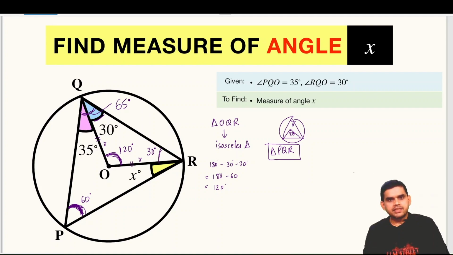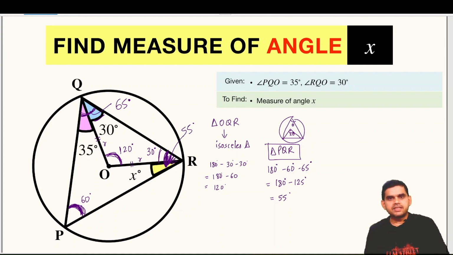So if this is 60 degrees, complete Q is 65 degrees. So complete R will be what? It will be 180 degrees minus 60 degrees minus 65 degrees. So this will be 180 degrees minus 125 degrees, that is 55 degrees. So this entire angle R is 55 degrees.